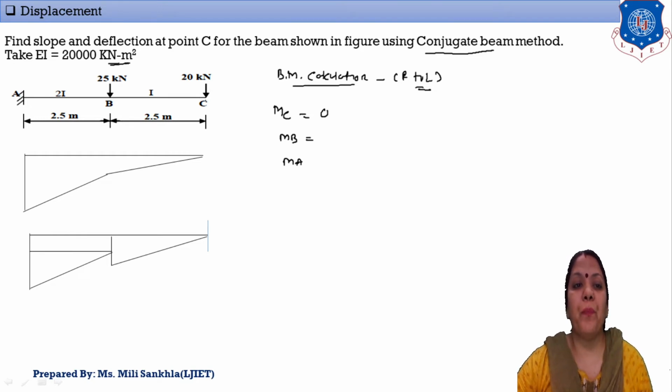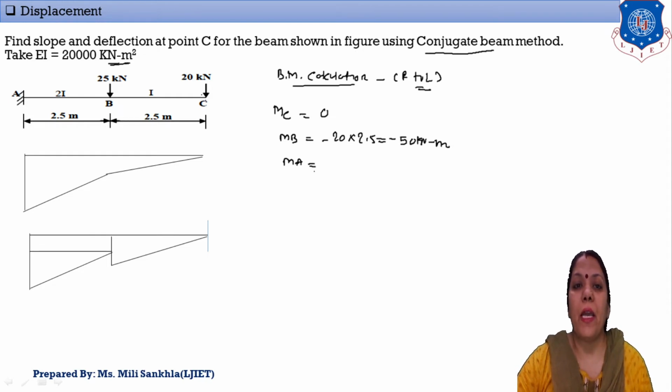At B point, moment from the right hand side is minus 20 into 2.5, and moment is equal to minus 50 kilonewton into meter.